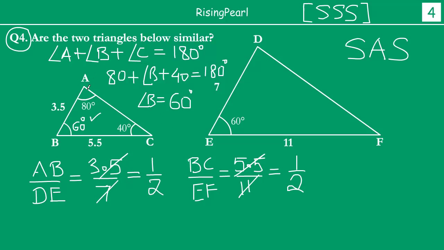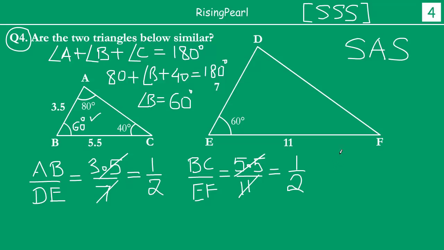Now if you look at triangles ABC and DEF, angle B is 60 and angle E is 60 as well. So here we have these sides in the same ratio, and their included angle is also equal.